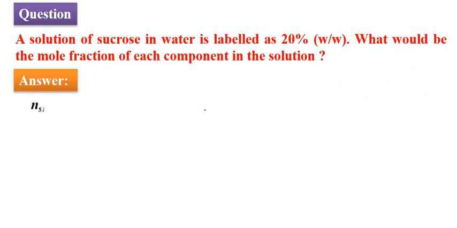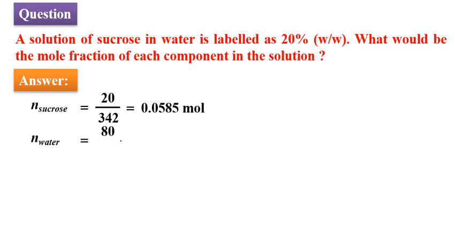Then convert into moles. n sucrose is 20 by 342, that means 0.05. n water is 80 by 18, that equals approximately 4.45. Once you get these moles, then mole fraction is easy. Okay, this much you have to understand first.